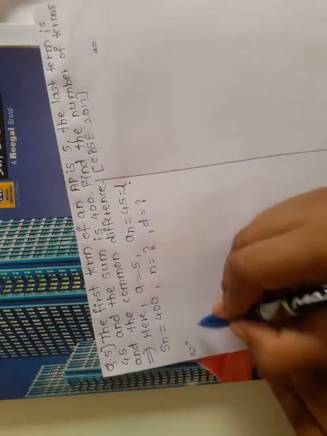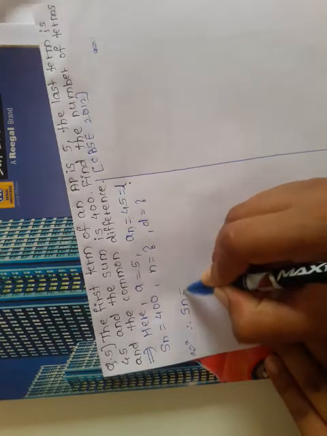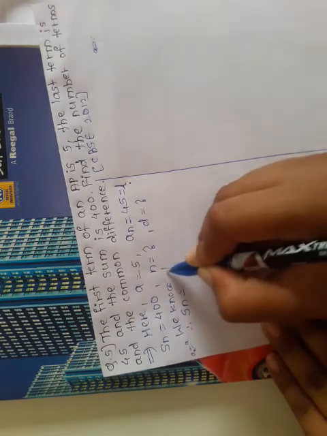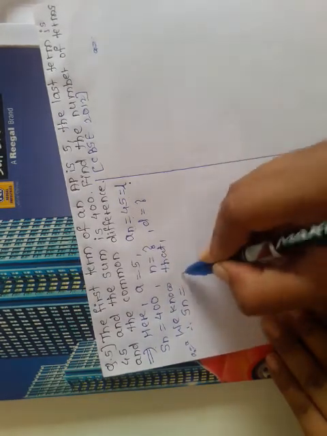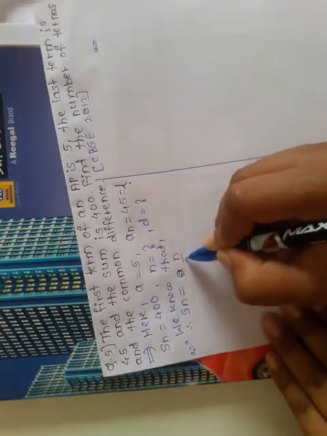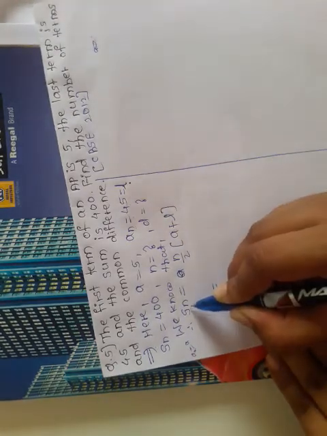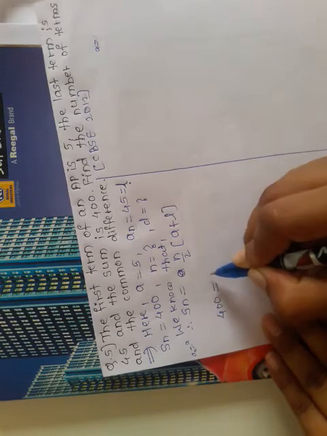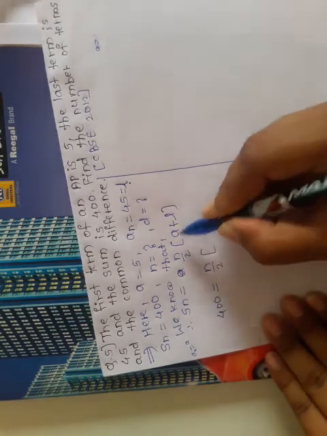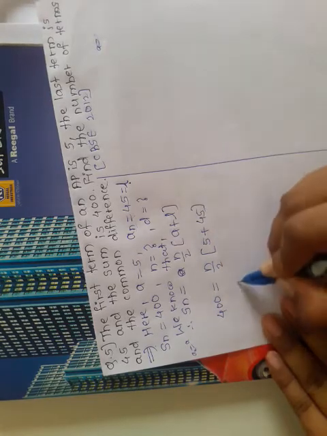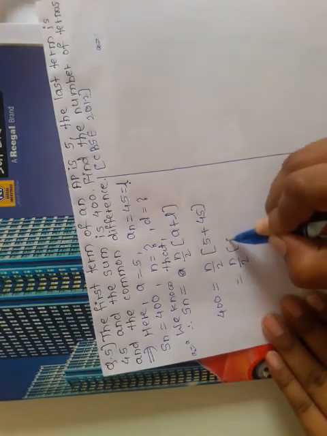Therefore, we know that Sn is equal to n by 2 in bracket a plus l. Sn is given, it is 400, is equal to n by 2 in bracket, a is 5 plus the last term 45, which is n by 2 in bracket 50.